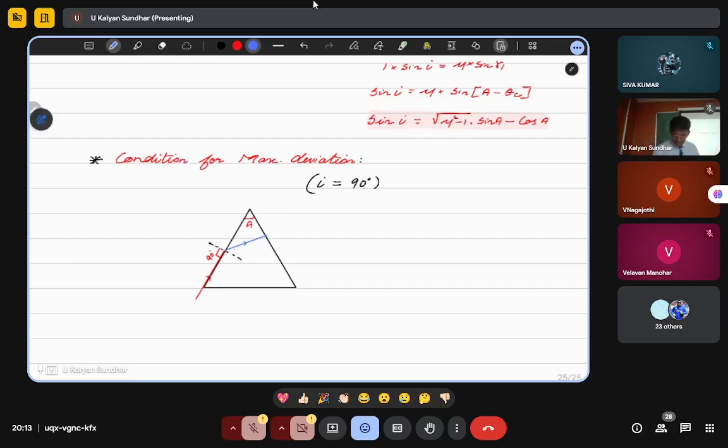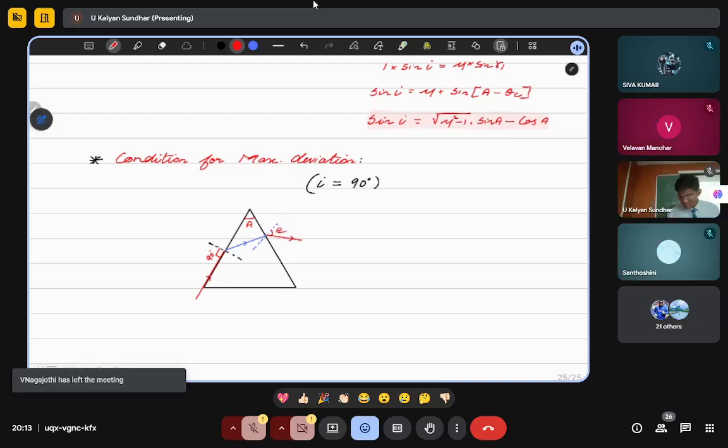And where is the deviation? Okay, and this will be the normal and this will be your emergence. Right, sir? Now where will the del value go? If we extrapolate, this will be your del value.